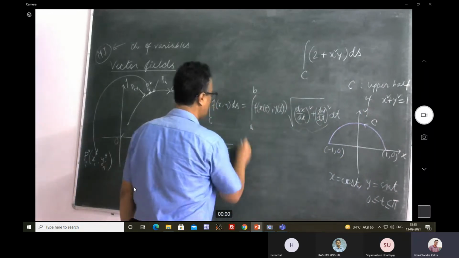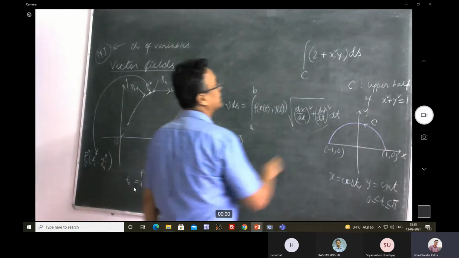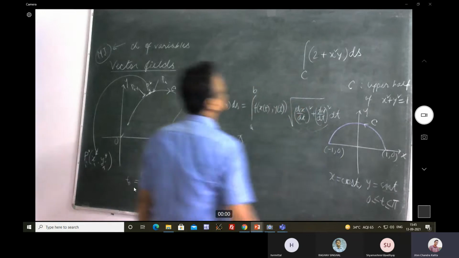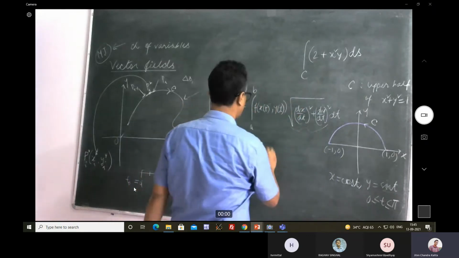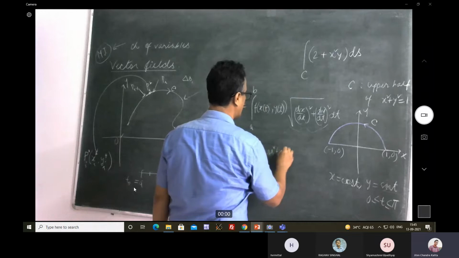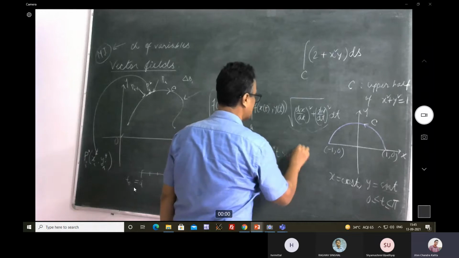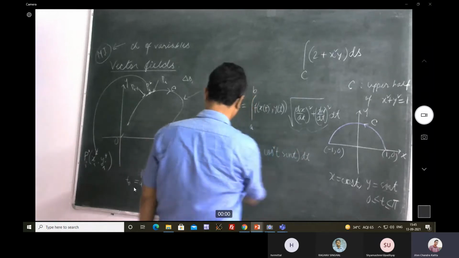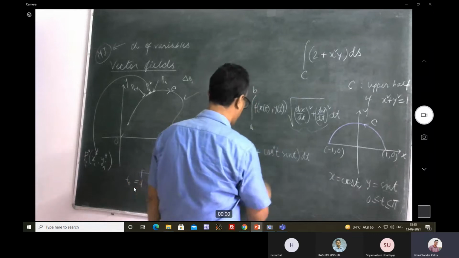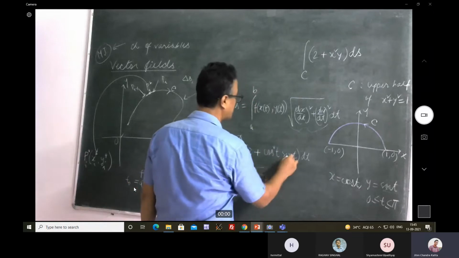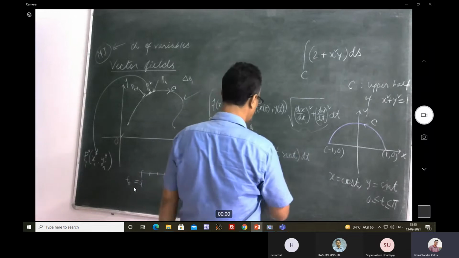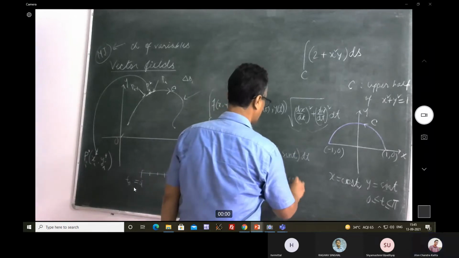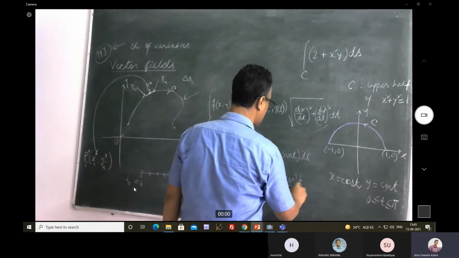So a is 0, b is pi, and converting it into a function of t, this is going to be 2 plus cos squared t sin t dt. This is straightforward, 2t, because minus sin t is the derivative of cos t, so this is going to be cos cubed t.